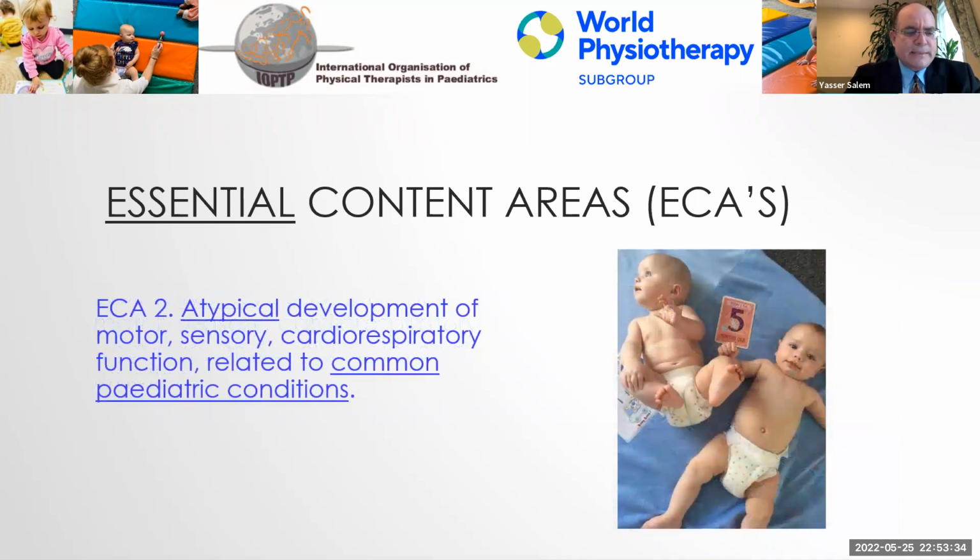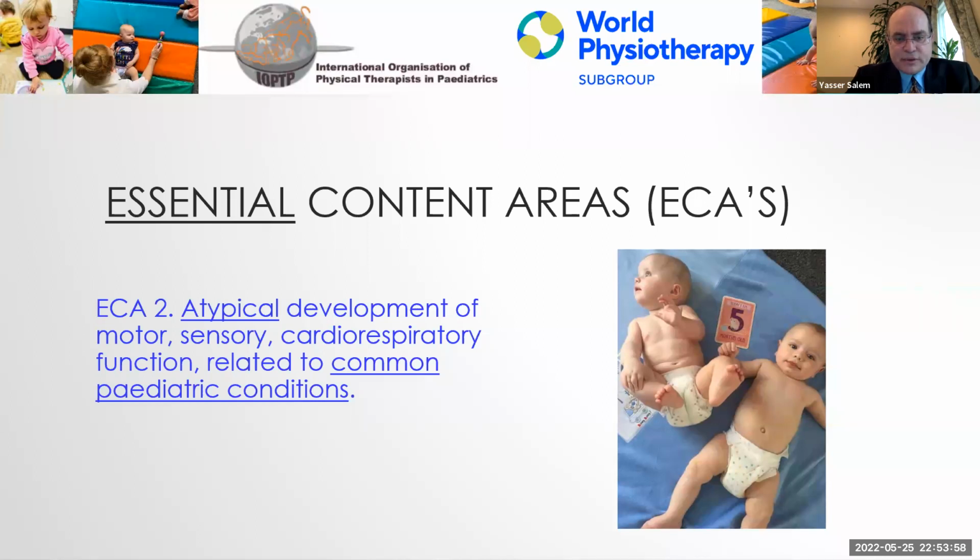Now, atypical development. Physical therapists should know atypical development of motor, sensory, and cardiorespiratory function related to common pediatric conditions. It is important for us to know what's happening in kids who present with atypical development, based on the conditions.